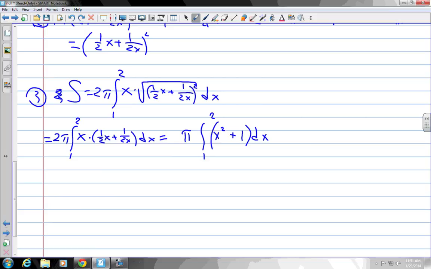Is that okay? So then integrate, that's the easy part. x cubed over 3 plus x from 1 to 2. So what do we end up with?